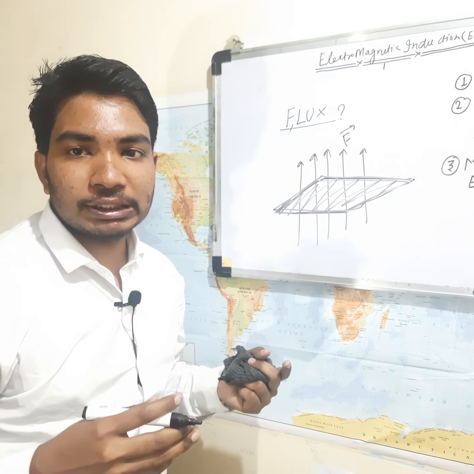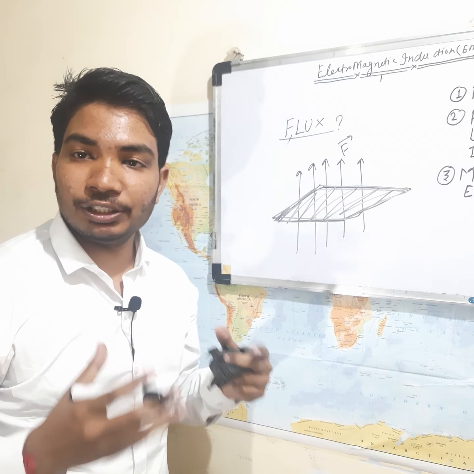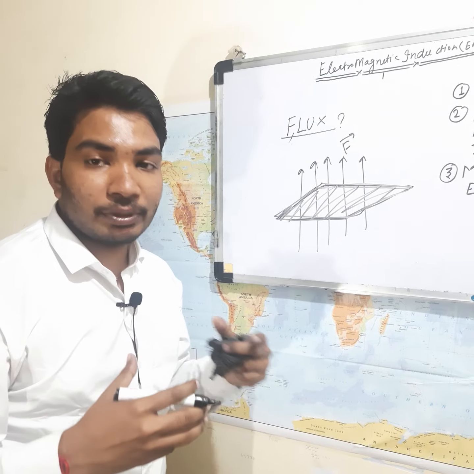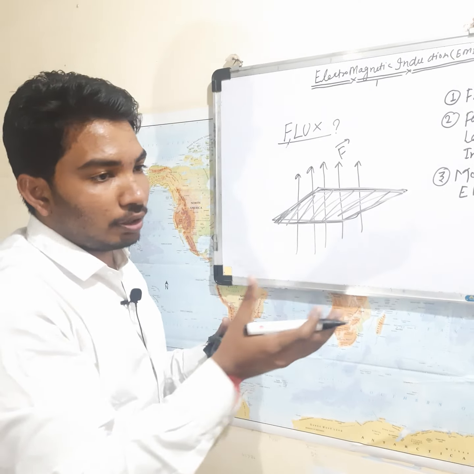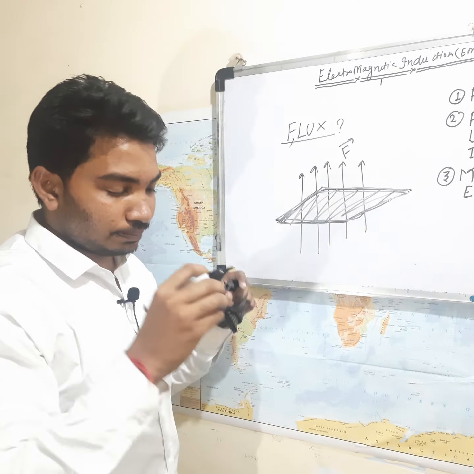When you say flux, that means some kind of energy, some kind of charge, some kind of material that is passing through this surface, or some material is projecting on this surface. So the flux is defined as a dot product.